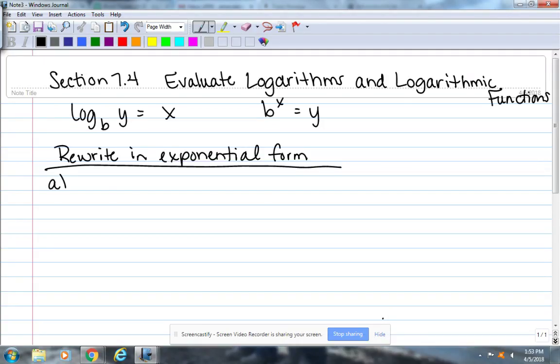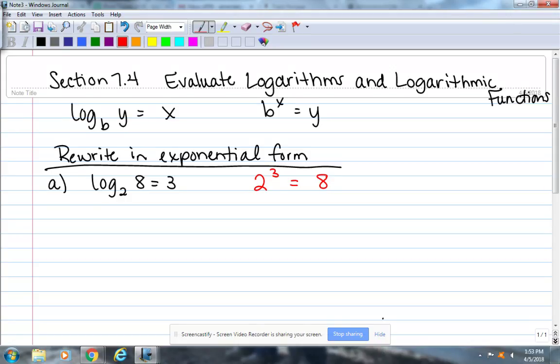The first one says log base 2 of 8 equals 3. Remember, you start with a base and you go into a circle. So your base is 2. Your exponent is the one that comes after the equal sign. So 2 to the third power equals 8. Is that true? Is 2 to the third power equal to 8?